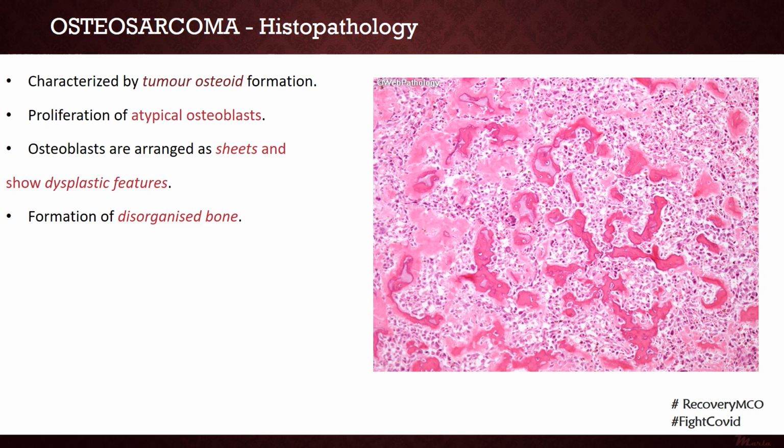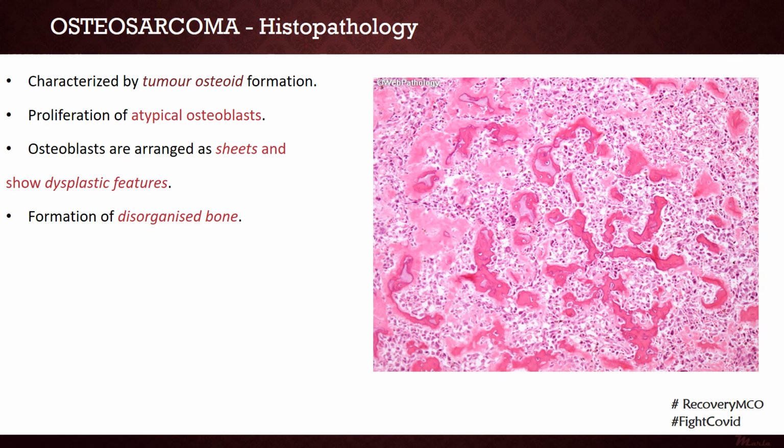The most characteristic feature of osteosarcoma is the formation of tumor osteoid. Osteoid is nothing but unmineralized bone. In case of osteosarcoma, there is extreme proliferation of osteoblasts. These osteoblasts are atypical in nature. That means they show dysplastic features.